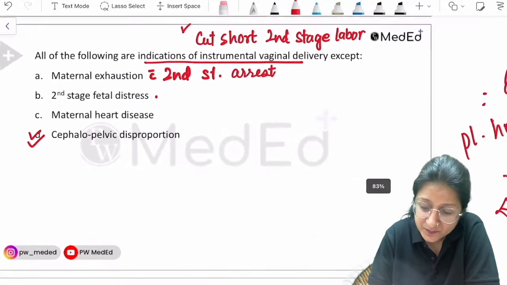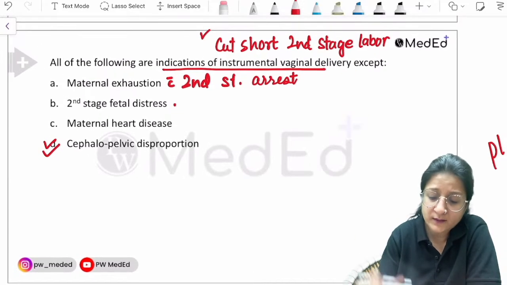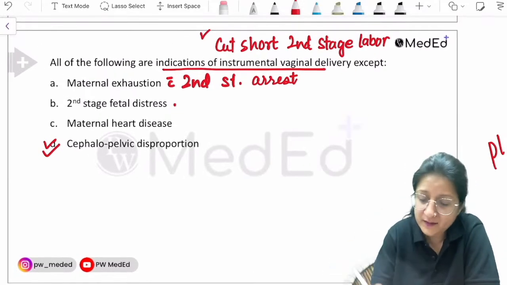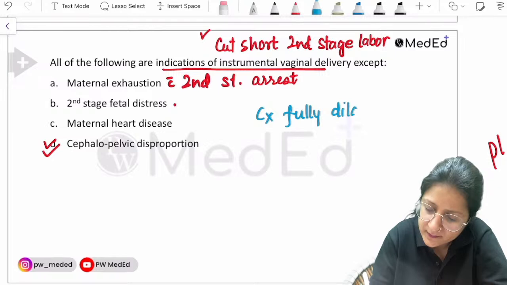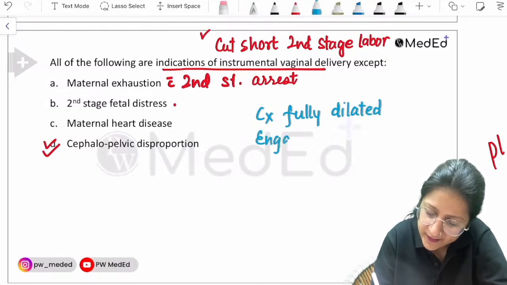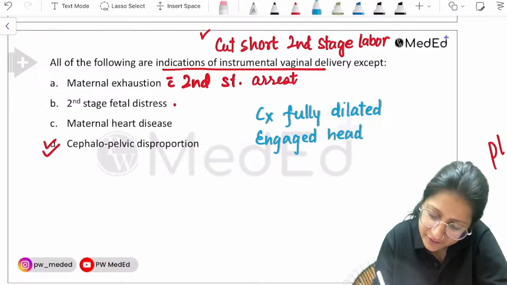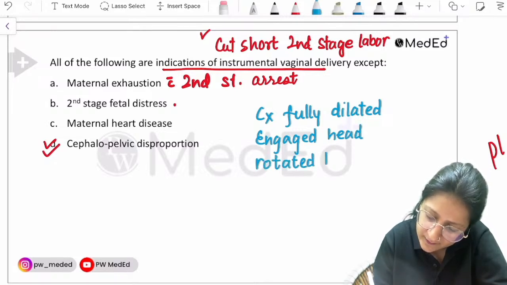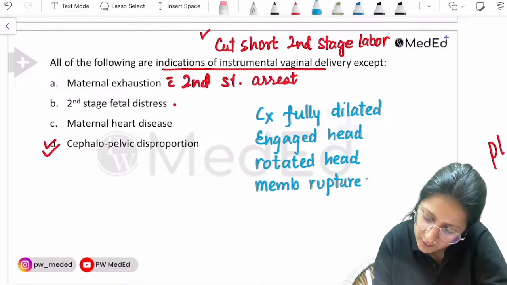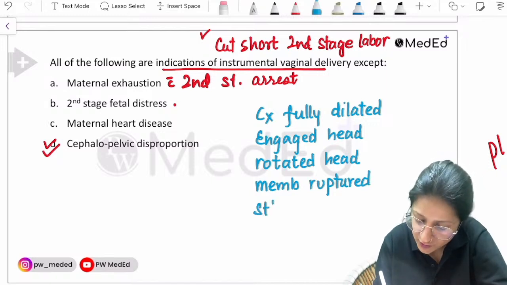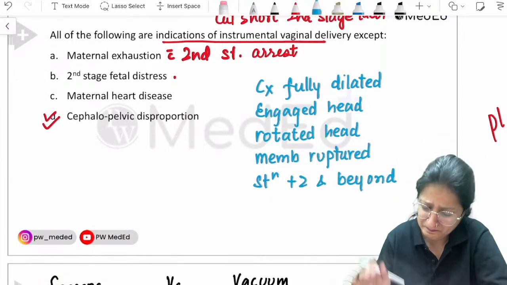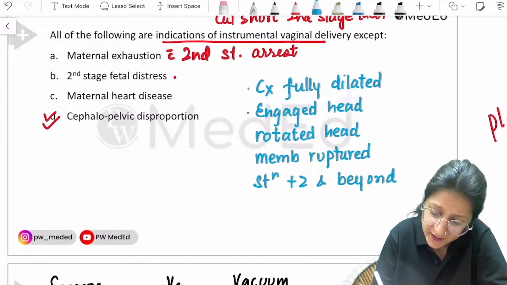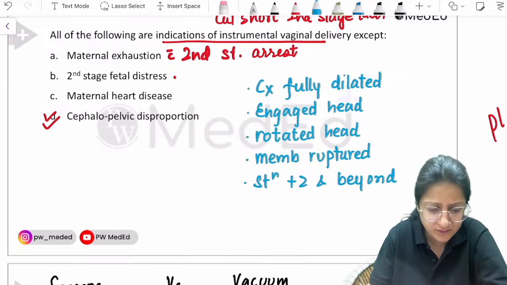So please remember, these are the valid indications for use of instrumental vaginal delivery in the second stage. Always remember that the cervix should be fully dilated, the head should be engaged, and it should preferably be a rotated head. The membranes should already be ruptured, otherwise how can we apply the instrument? The station should be +2 and beyond. Remember these important criteria; they need to be fulfilled, otherwise we can't apply forceps.